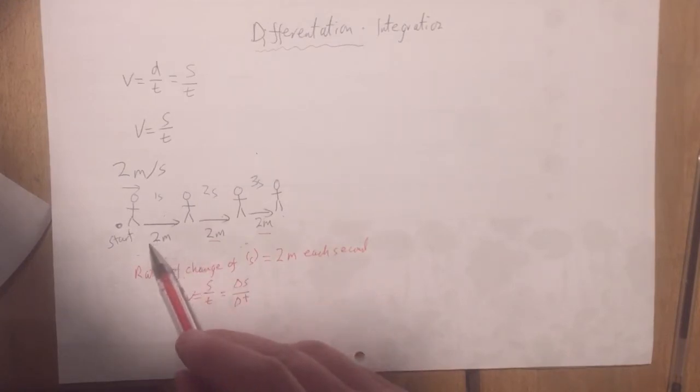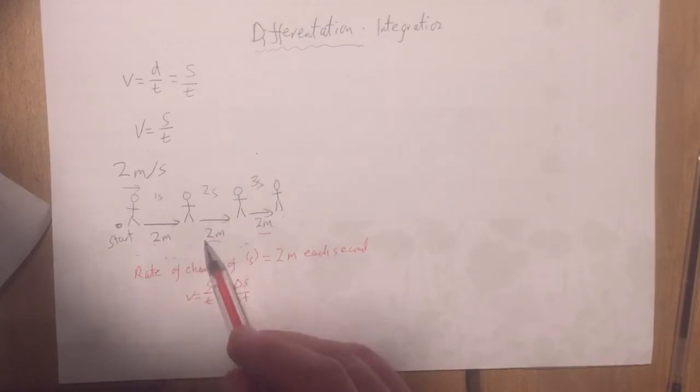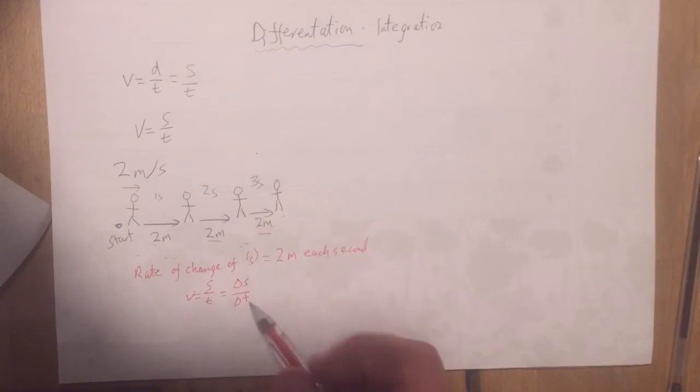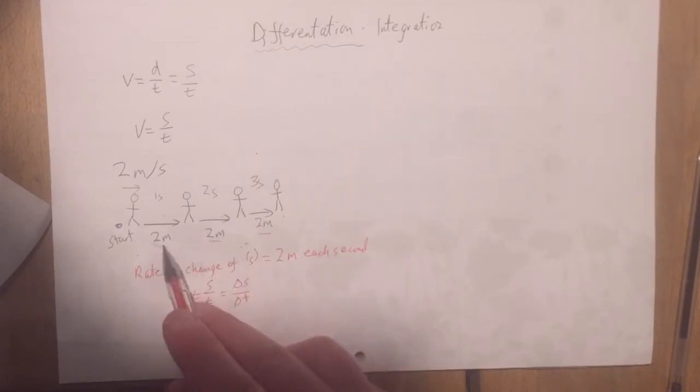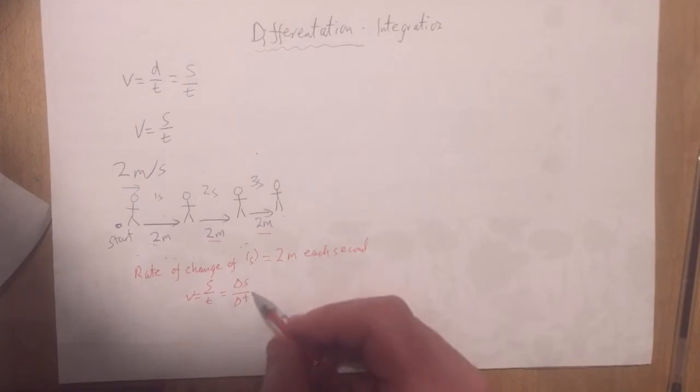So for instance, this is a change of displacement of 2 meters in 1 second. This is another 2 meters in another second. So it's a change in s of 4 meters in total, in a total of 2 seconds, is the speed.